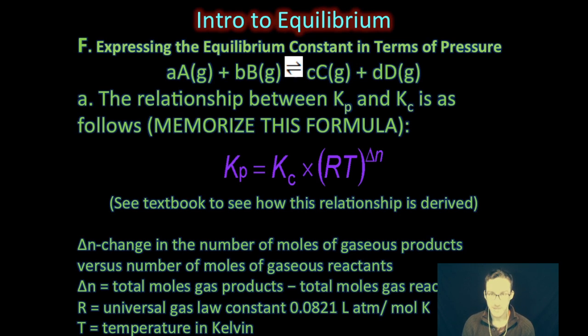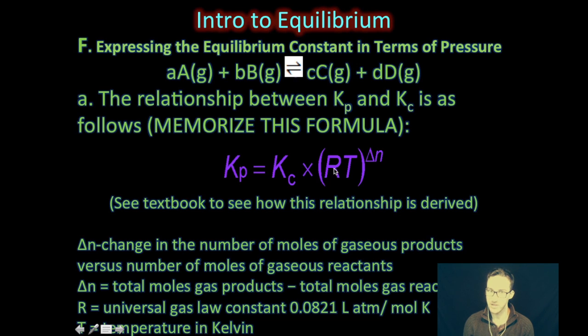This formula you need to memorize. So commit it to memory. We're not going to take the time here to talk about how that relationship is derived, although there's some really great work in your textbook if you have a dying passion to figure out how we've come to this understanding as the relationship between the two. But just recognize right now that's what it is.